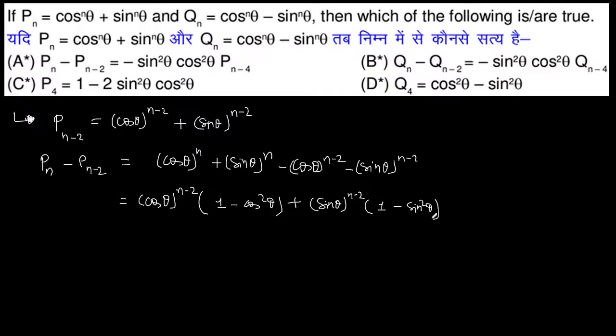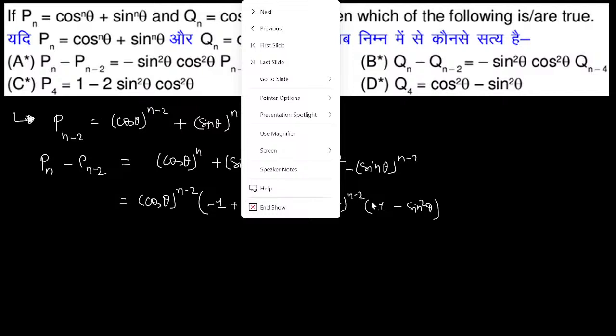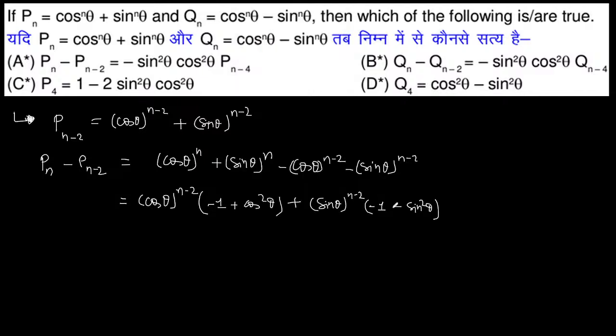No, it is going to be minus 1 plus cos square theta, and this is going to be minus 1 plus sin square theta. If you see further, it is nothing but cos theta to the power n minus 2 times minus of sin square theta, and this is minus of cos square theta into sin theta to the power n minus 2.